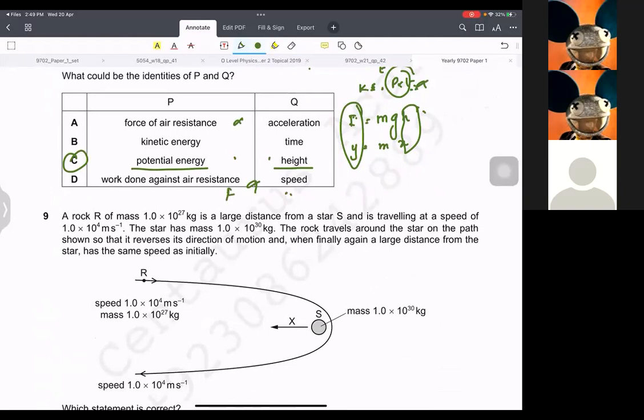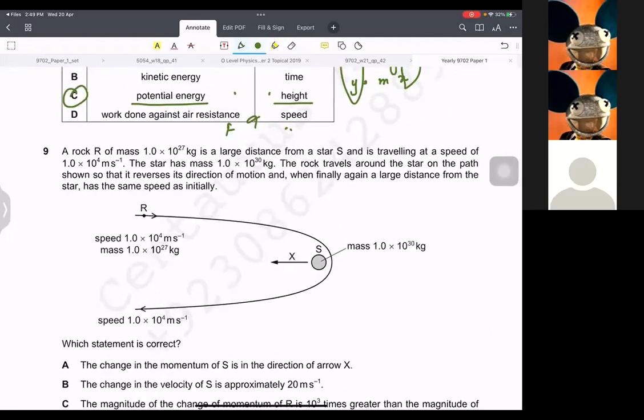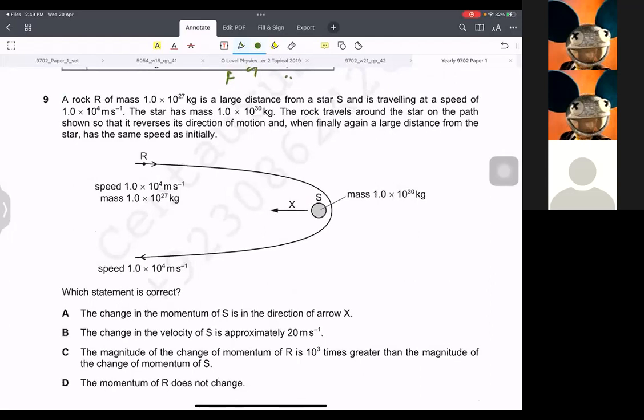Then it says a rock R of mass is large distance. Okay. Which statement is correct? The change in momentum of S is in the direction of the arrow X. It is like this.